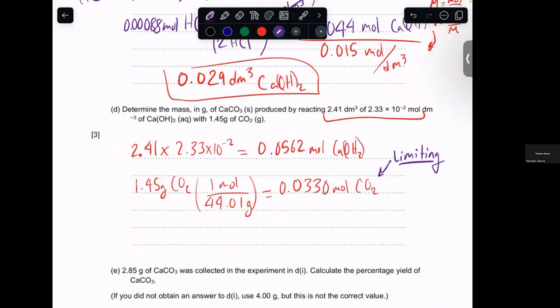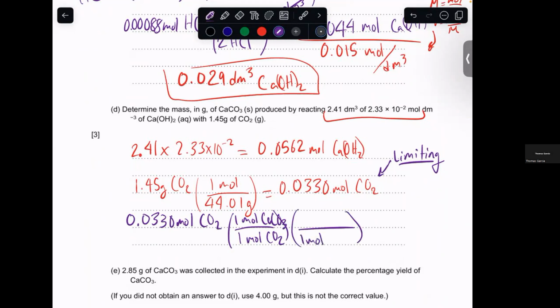From that answer, 0.0330 mole CO2. Like we just said, it is a 1 mole CO2 to 1 mole CaCO3, 1-to-1 ratio. And then all I'm going to do is go from there and calculate 1 mole CaCO3 is equal to 100.1 grams.